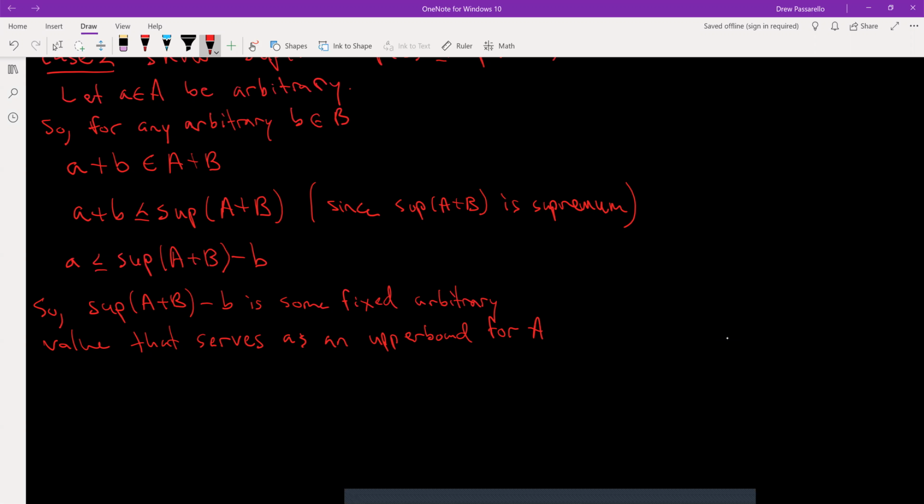So sup of capital A is the least upper bound.